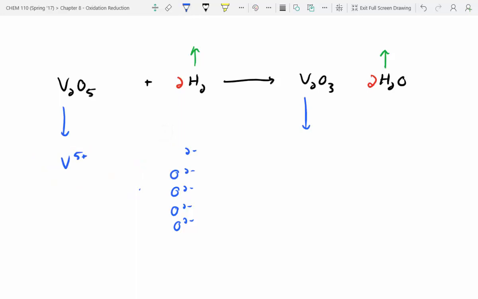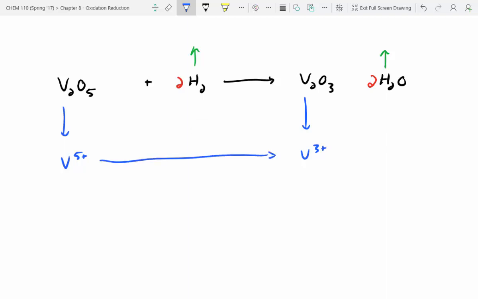I'm going to erase this. And then over here, same sort of question. What must the vanadium be now? Plus 3. Because each oxygen's -2, that means all the oxygens are -6. So to balance out that -6, each of the vanadiums must be +3.